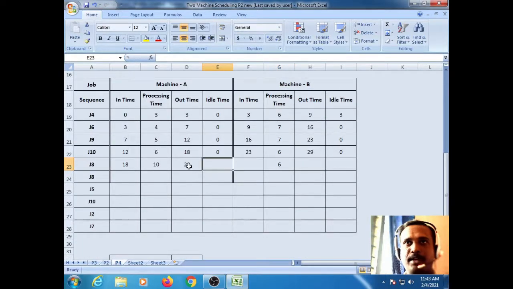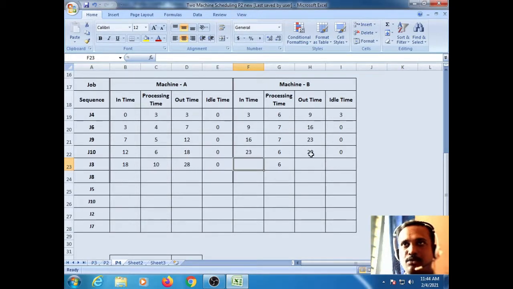Okay, simply we have got the out time here, 18 plus 10, 28. So 18 for idle time. So previous job out time is 18, present job in time is 18 for the machine A only. So there is no gap, 0, right? Then next we have the out time on machine A is 28. The previous job out time on machine B is 29.